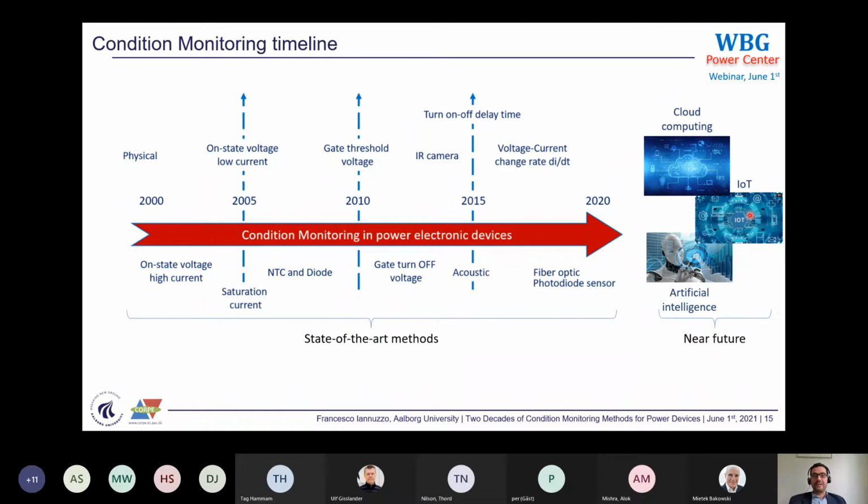We need artificial intelligence. We need something able to make decisions based on condition monitoring, and probably we also need computational power. This is why I also wanted to mention cloud computing. So this is kind of a roadmap of where we were, where we are, and where we are probably going to be in the next maybe 5 or 10 years.